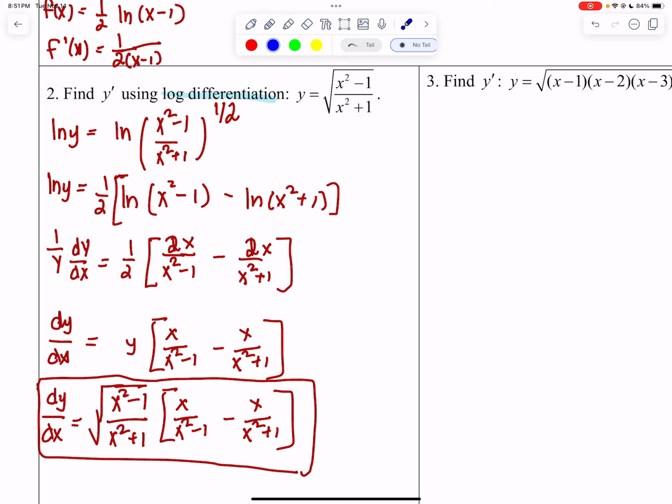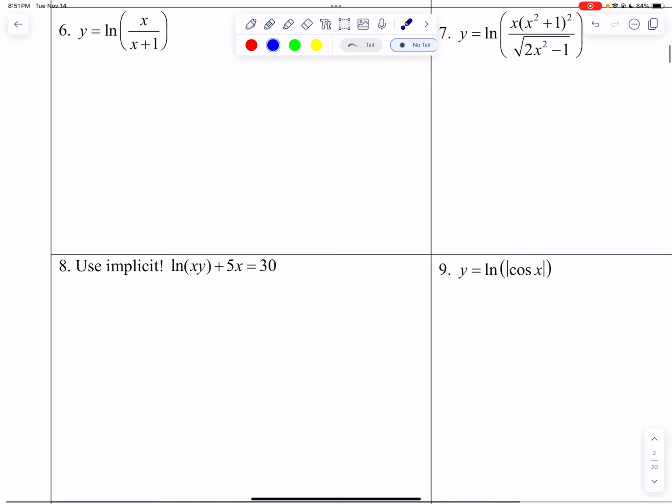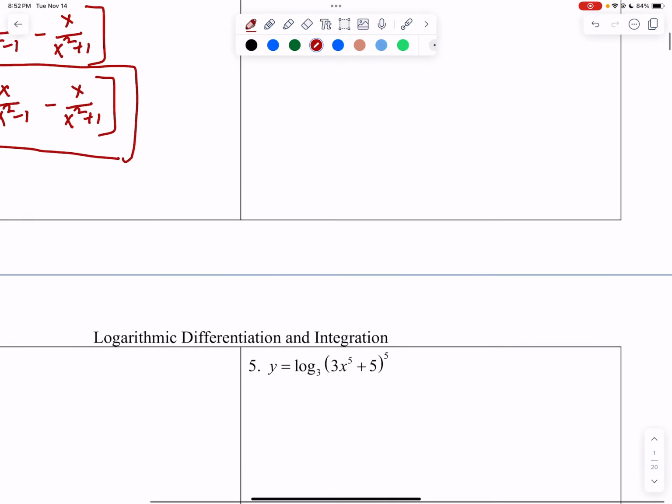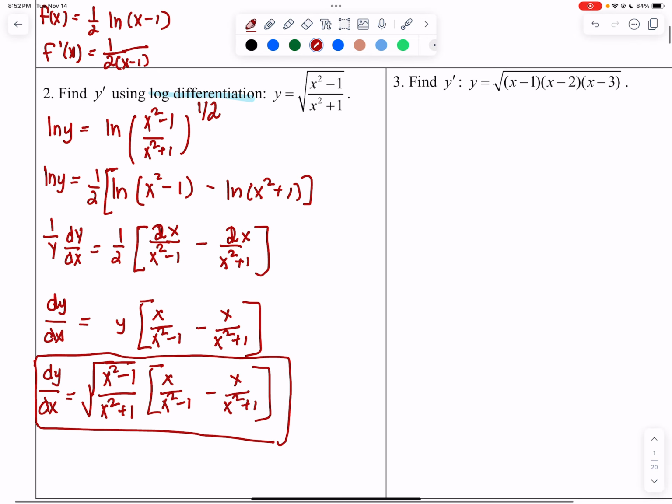Later on down the road, whenever we talk about something like number 8 right here, whenever it says use implicit, then you could just not solve for y, because we're using implicit. Okay, so that's your final answer for 2.